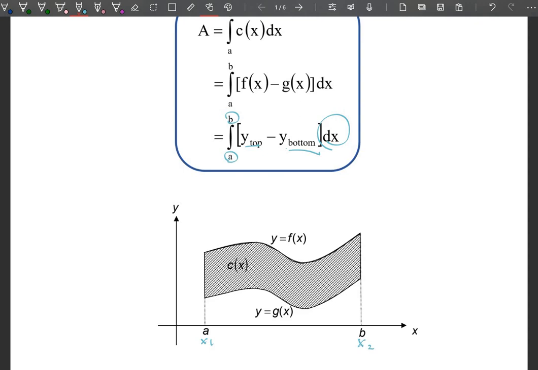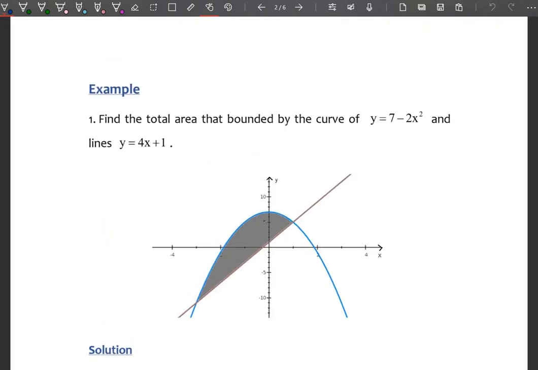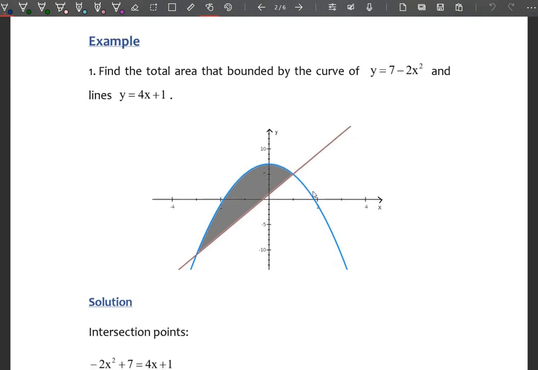Okay, let us look at examples. The first one will be this. Find the total area bounded by the curve y equal to 7 minus 2x squared, and the line y equal to 4x plus 1.